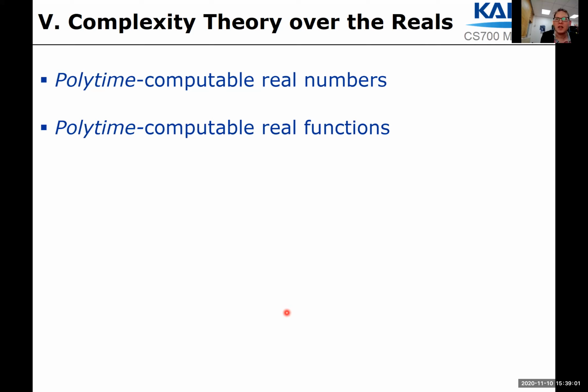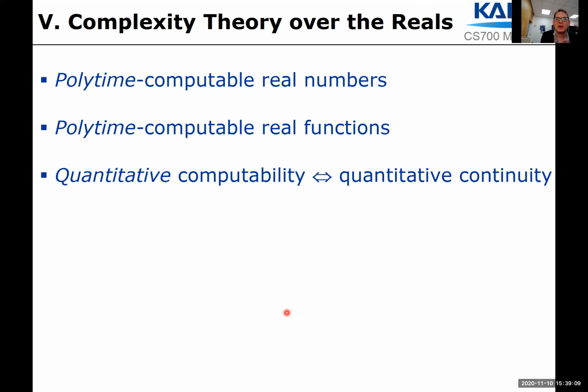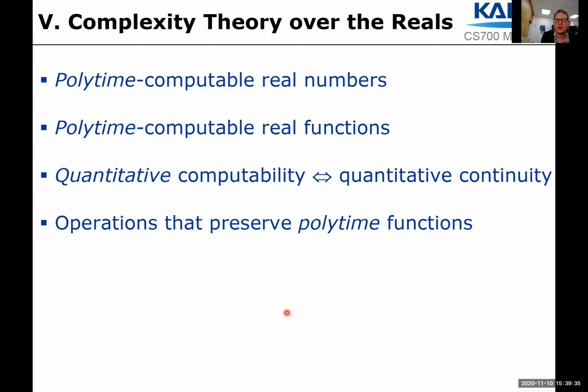Those 2 were equivalent definitions, and from that we've derived interesting properties of polynomial time computable real functions, and in particular the observation that while qualitative computability requires qualitative continuity, quantitative complexity requires or induces quantitative continuity, namely polynomial modulus of continuity.